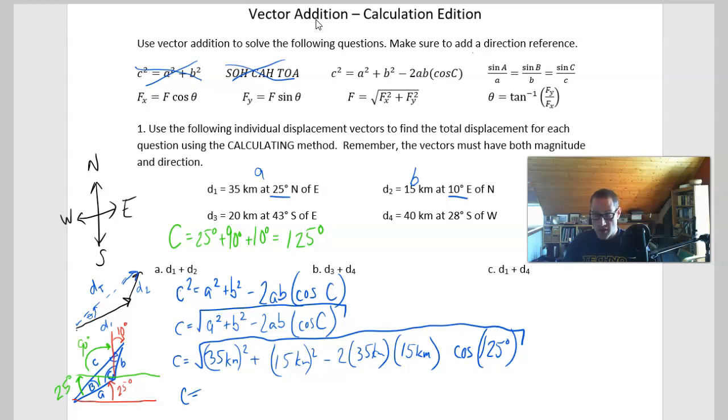Cosine. I'm starting with a cosine of 125. That's a negative number. Multiplying it by 2, by 35, by 15.